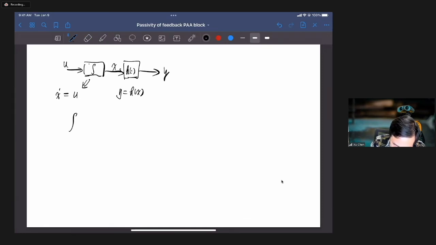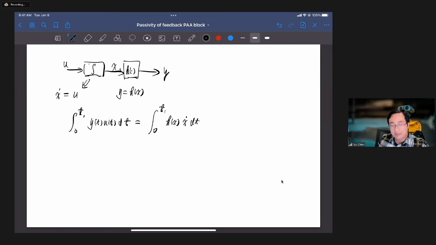So when we evaluate, let's say we use the definition, the integral of y times u dt, this is equal to the integral of h of x times x dot dt. This is just substituting all these into this definition. So it equals the integral of h of x dx, using the fact in calculus again.